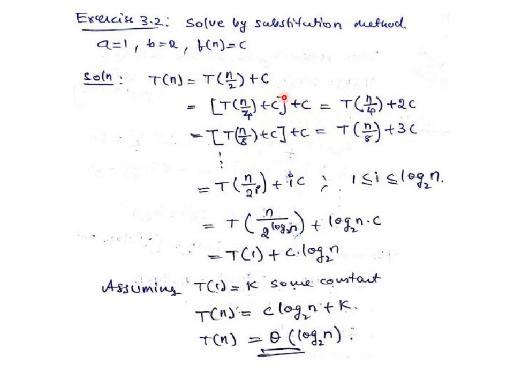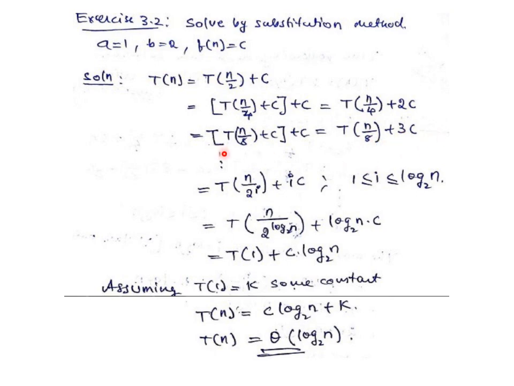Now you solve it. T of n by 2 we can replace with t of n by 4 plus c, and so this is equal to t of n by 4 plus 2c. Similarly, t of n by 4 we can replace with t of n by 8 plus c, so it is equal to t of n by 8 plus 3c. This t of n by 8 we can rewrite as t of n divided by 2 to the power 3 plus 3c.